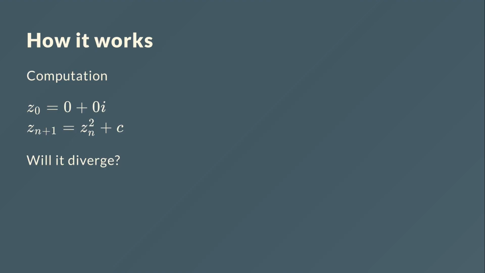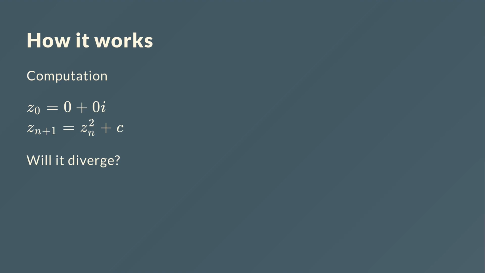So basically we have to work with complex numbers, and we have a series. Z naught is the origin, and then the next Z is the previous Z squared plus our C, and the C is basically what we give as the starting point.